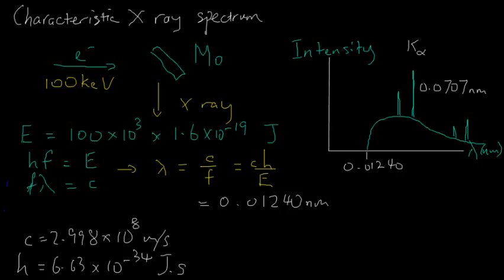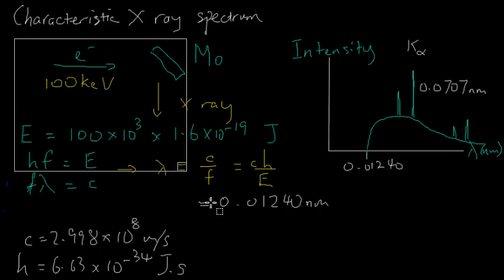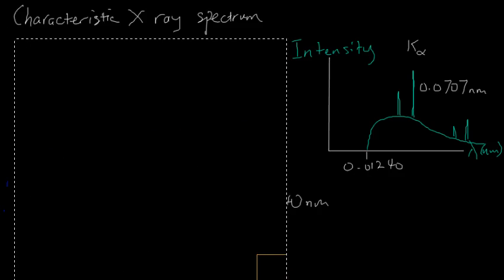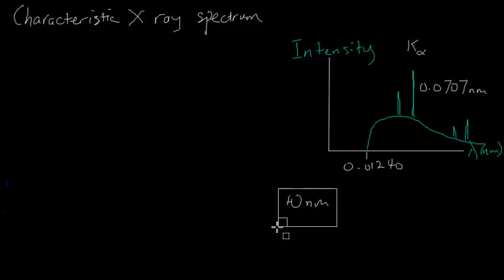Now, how do we actually know this? Well, it's a little bit complicated. I'll come back to this question of how we know it is a transition from second to first orbit. Let me draw a picture of that so that we know what we are trying to do.